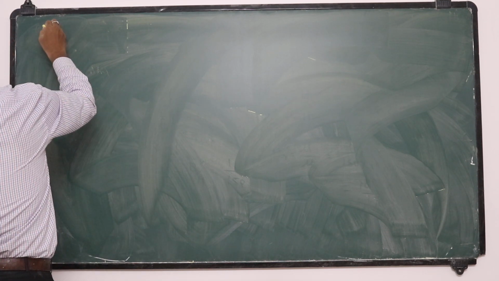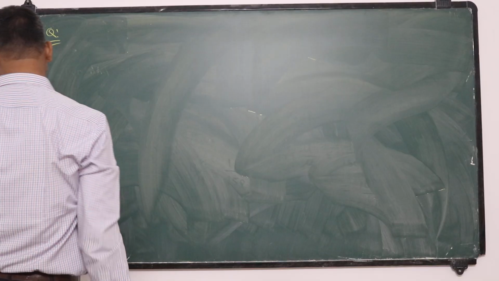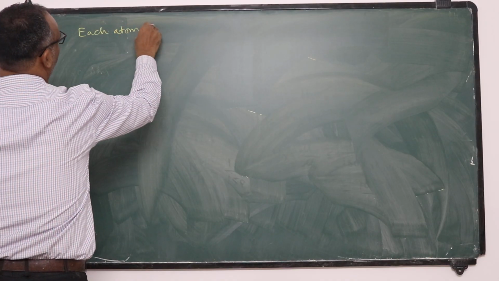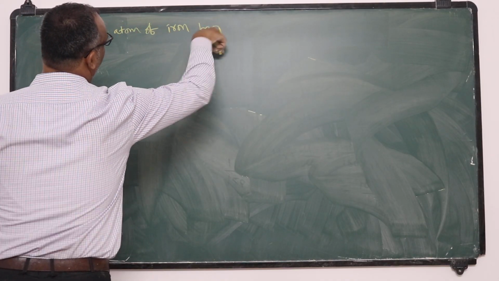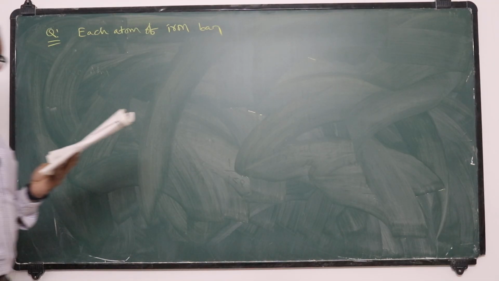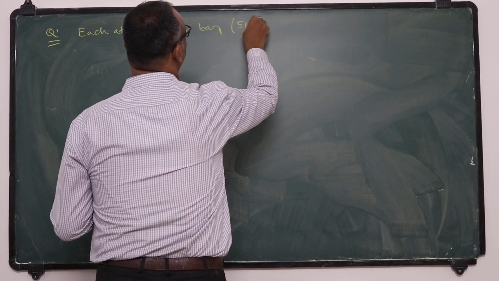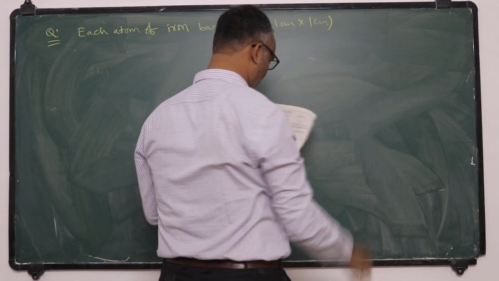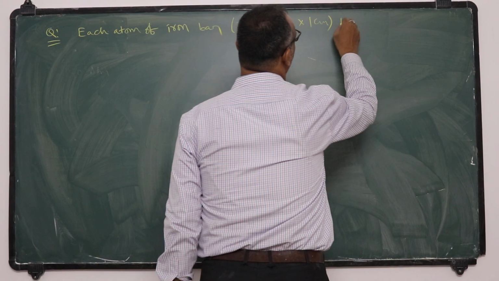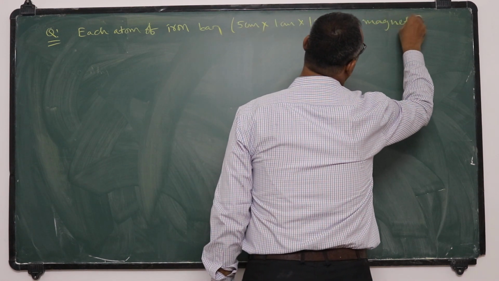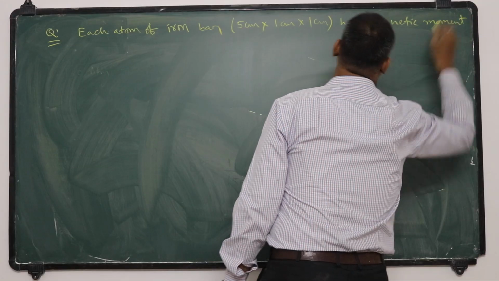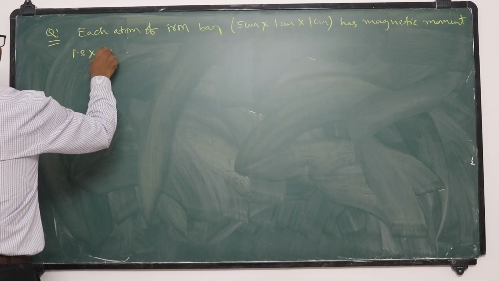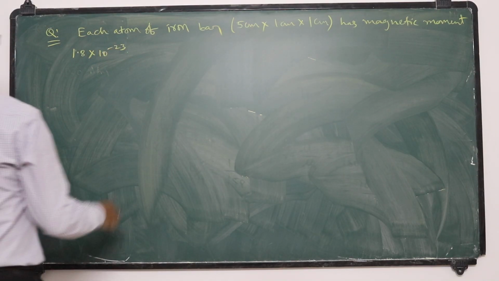Here the question is, each atom of an iron bar having dimensions 5 centimeters into 1 centimeter into 1 centimeter has magnetic moment 1.8 into 10 power minus 23 ampere meter square.